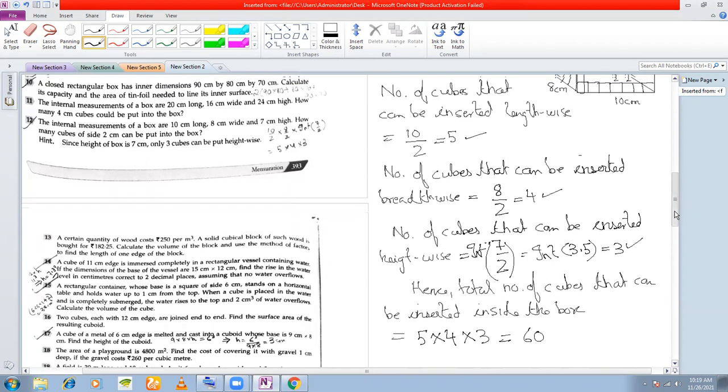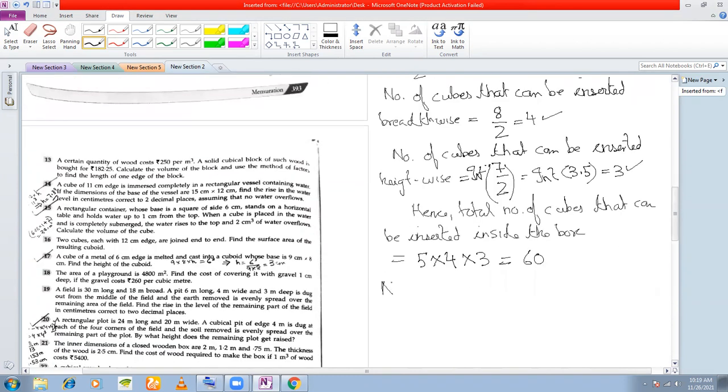Now note the difference between capacity and volume. Capacity and volume are not always the same. As I said, capacity and volume have a very small difference. See, capacity of the box is equal to 60 cubes. And what is the volume of each cube?